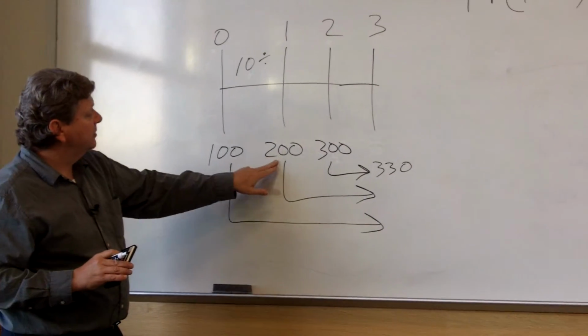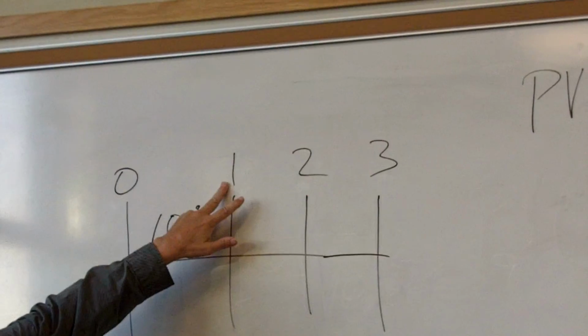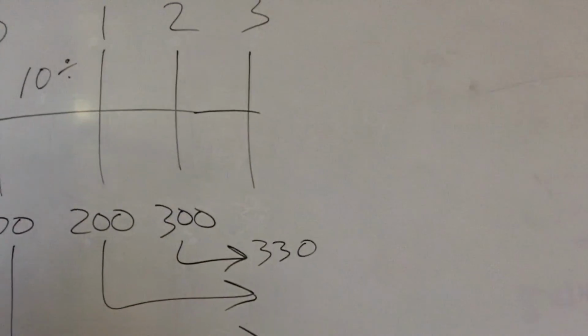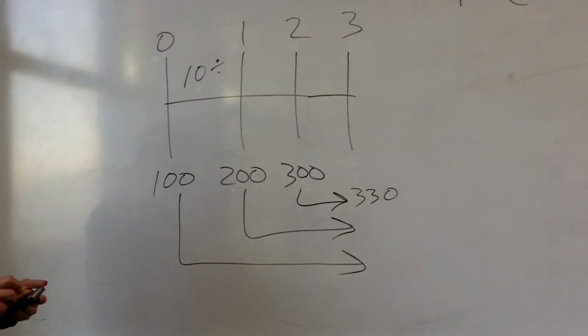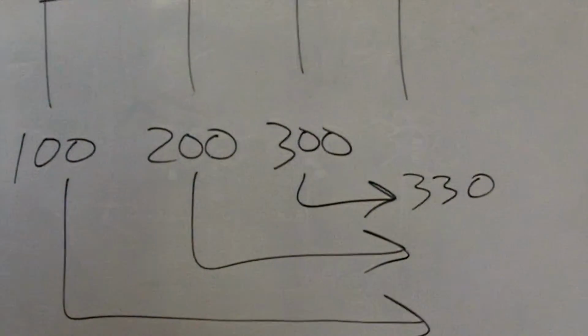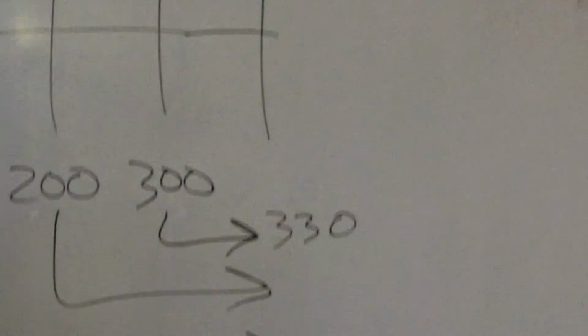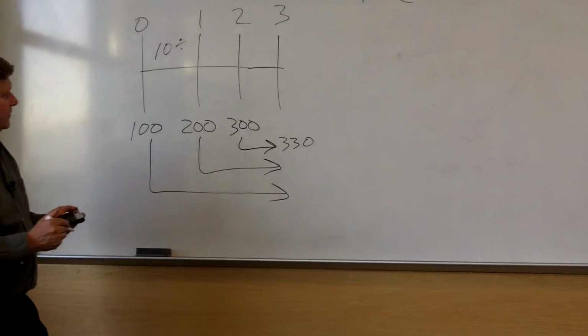We do the same thing with the 200. The $200 invested at period 1 is going to grow for 2 periods. So what's the future value of that? 200 is the present value. N is 2. And I is 10 still. And the future value is 242.